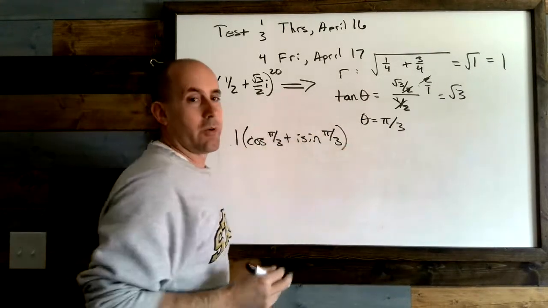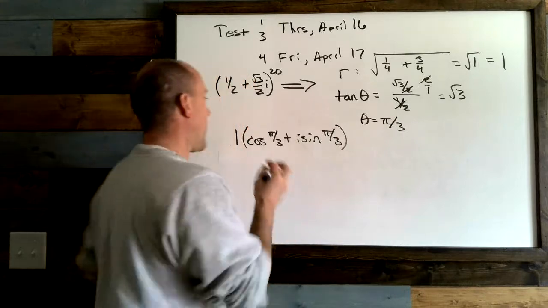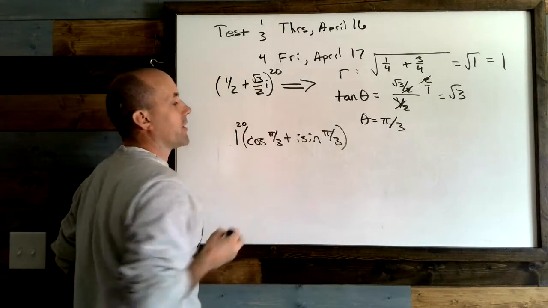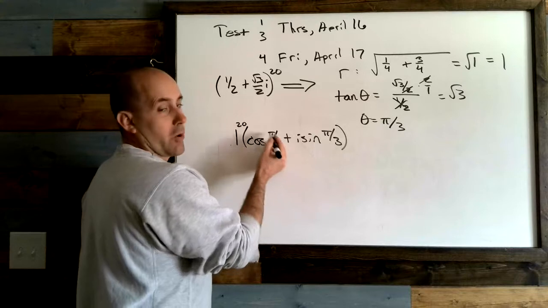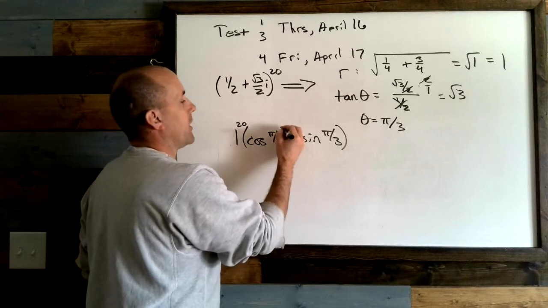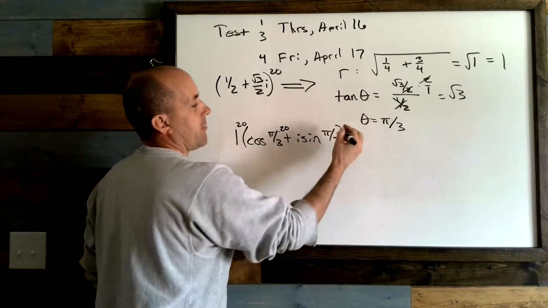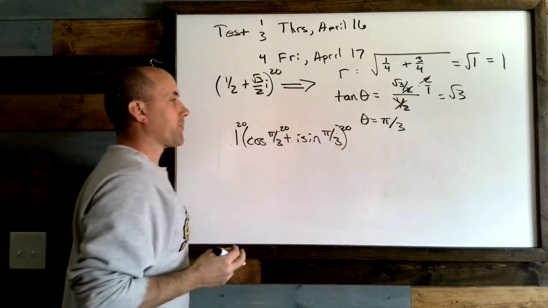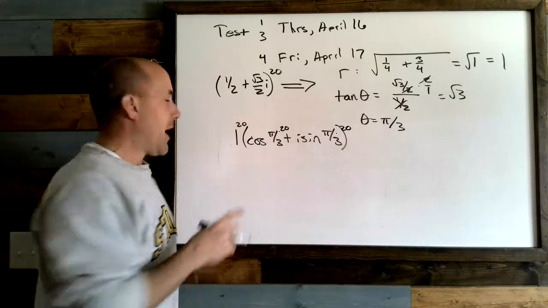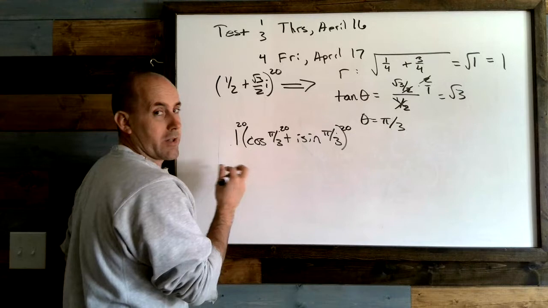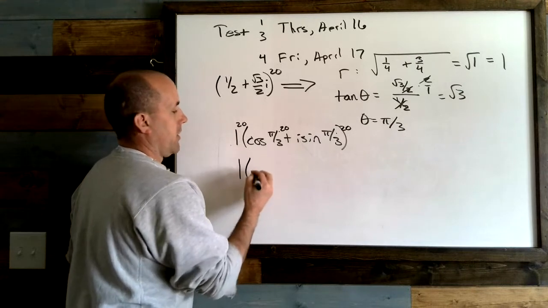But what we want to do is we want to raise that to the 20th power. So you take 1 and raise it to the 20th, and then the cosine of pi over 3, you multiply that by 20. Sine of pi over 3, multiply that by 20. What do you get? 1 to the 20th is just 1.